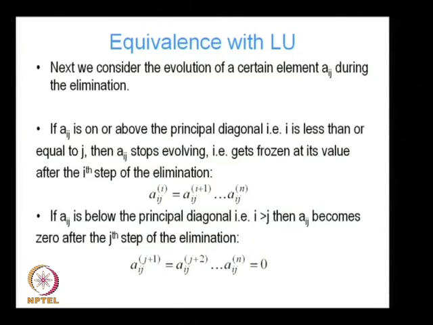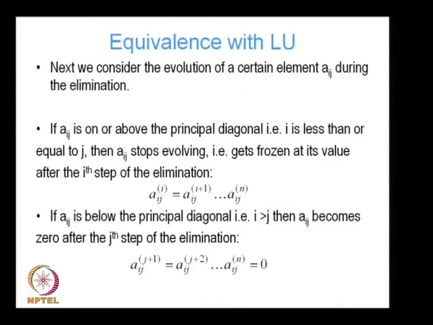We want to show the equivalence of LU decomposition with Gaussian elimination. In order to do this, we consider the evolution of a certain element aij in my original matrix during Gaussian elimination.